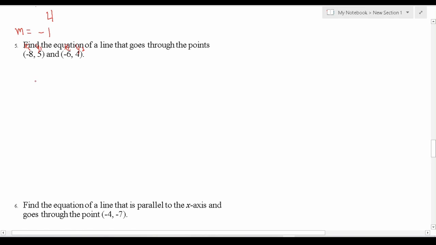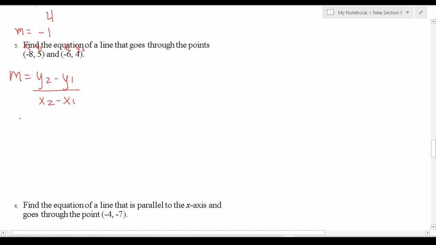If you recall, to solve this one, we're going to use the steps that I mentioned for number 3, where we have 2 ordered pairs on a line. So the first thing we're going to do is find its slope using the slope formula. That is m equals y2 minus y1 divided by x2 minus x1.